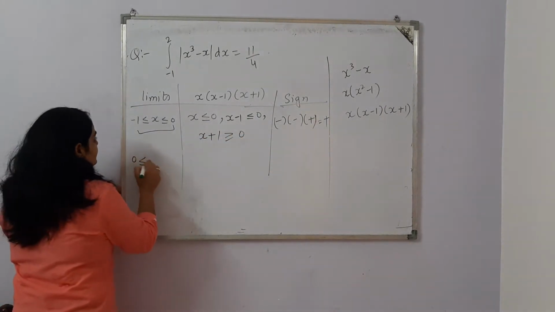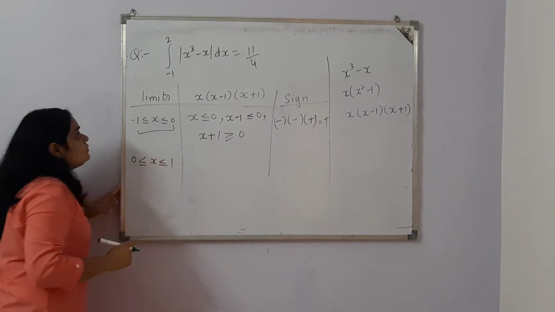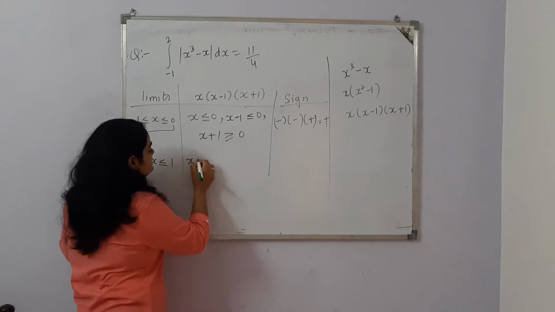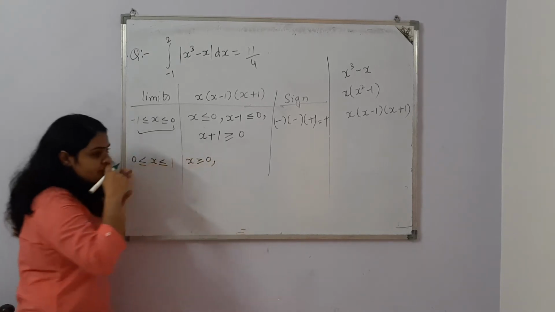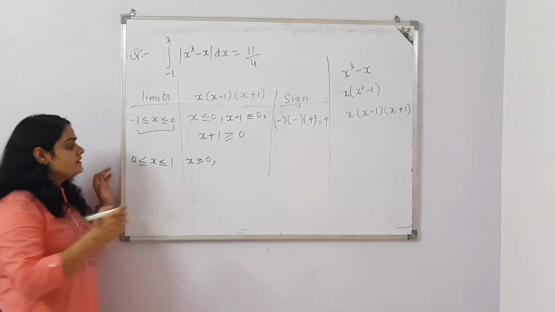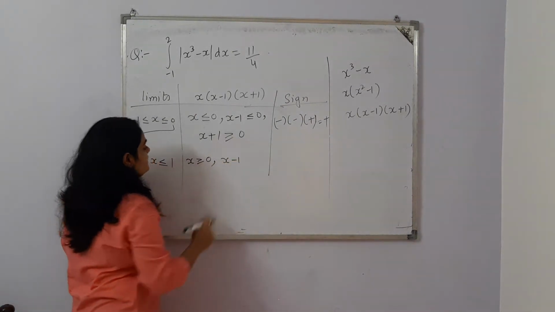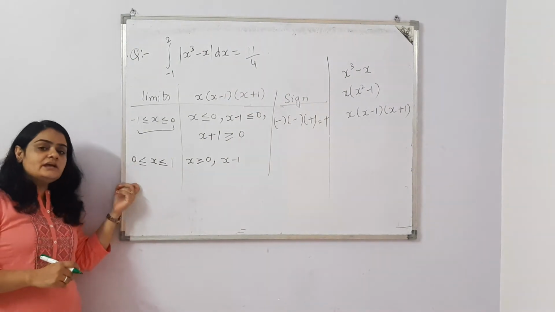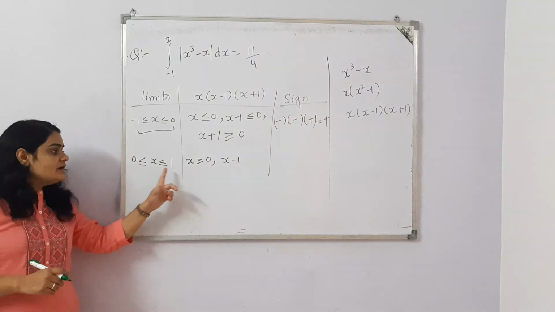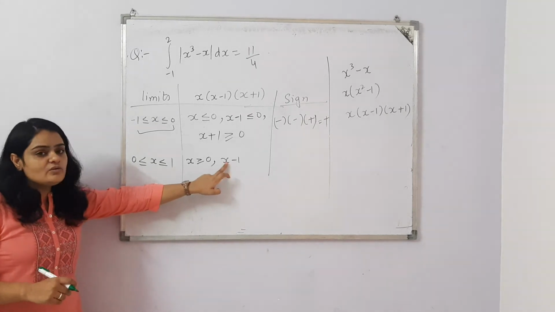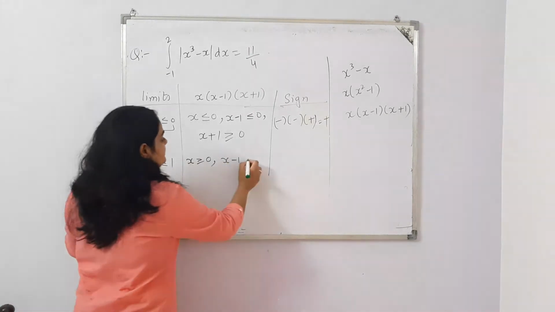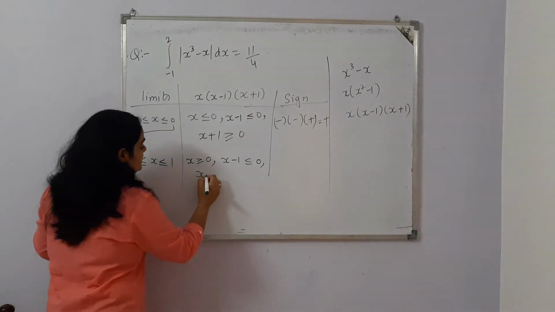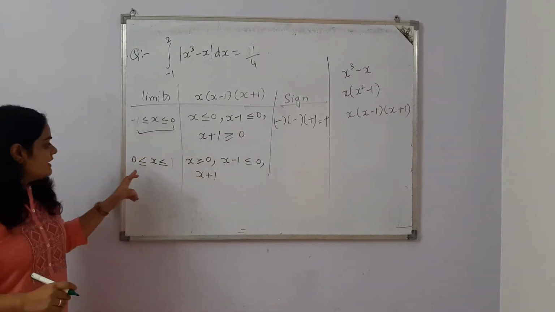Then the next limits are 0 to 1. Of course, x is positive because we are already on the positive side. What about x minus 1? We are in between 0 to 1. We take 0.5, which lies between 0 to 1. Substituting 0.5 minus 1, of course, it is negative. And for x plus 1, we can substitute any number.